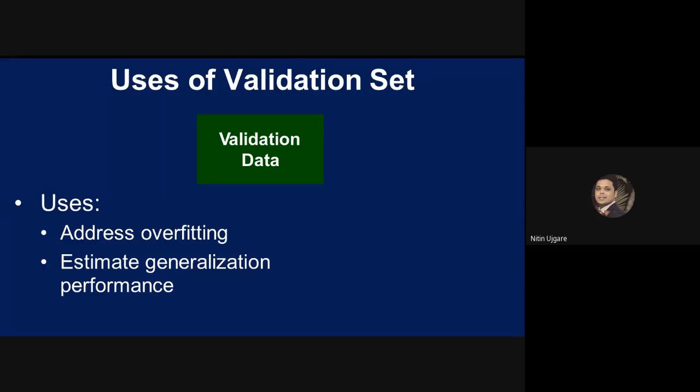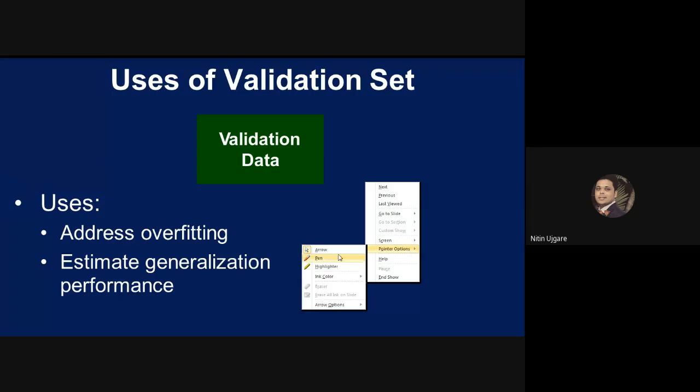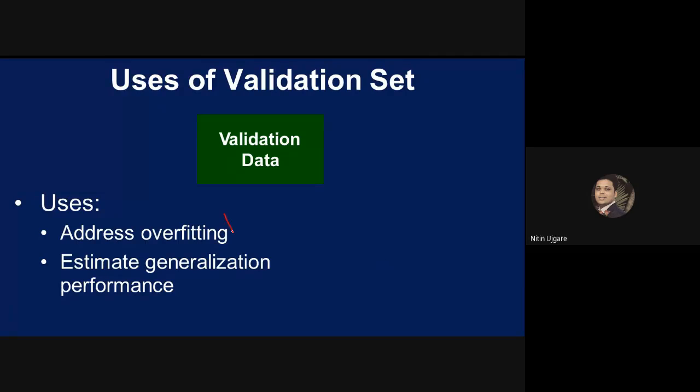So what are the uses of the validation set? The validation set is used to address the overfitting problem. That is, we ensure that the machine learning model will be neither too complex nor too simple. It is also an estimate of the generalization performance, because using the validation data set we find the generalization error.